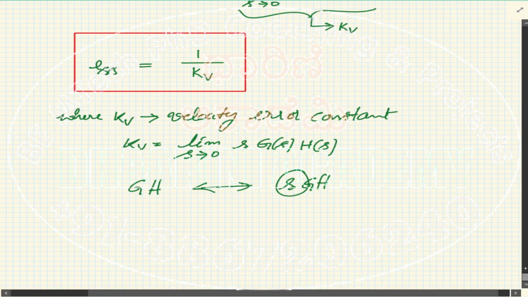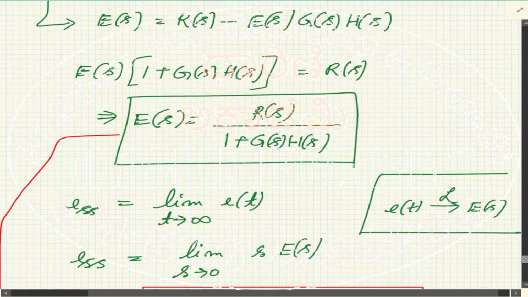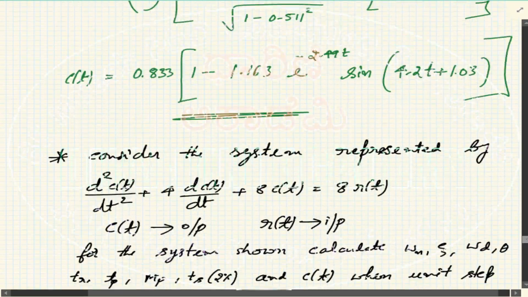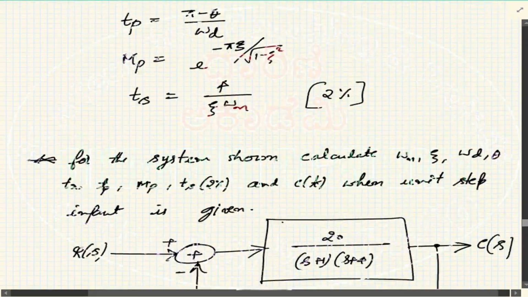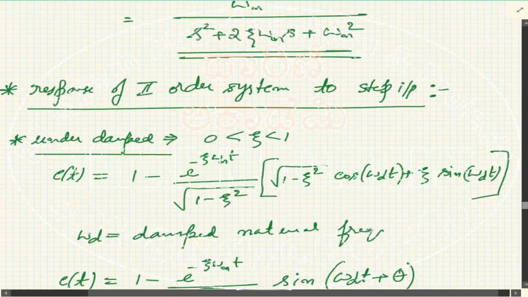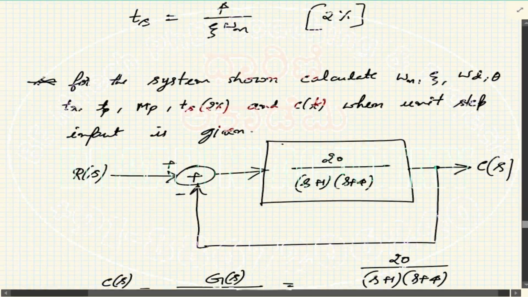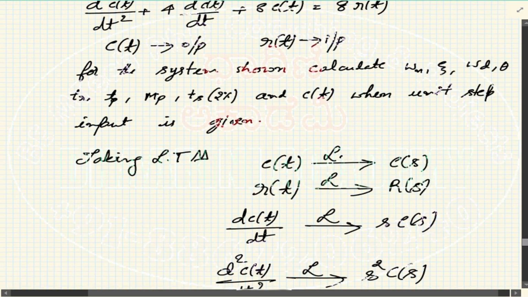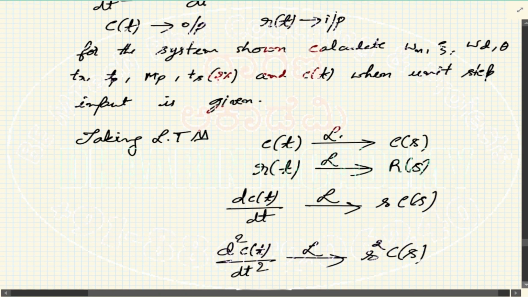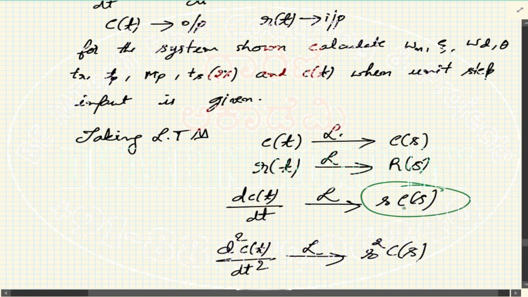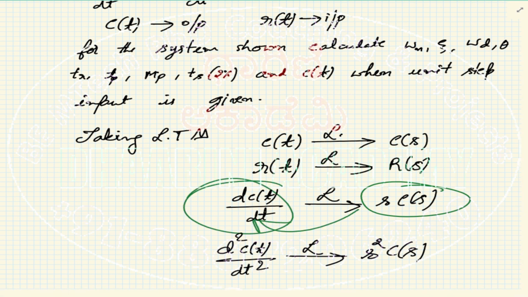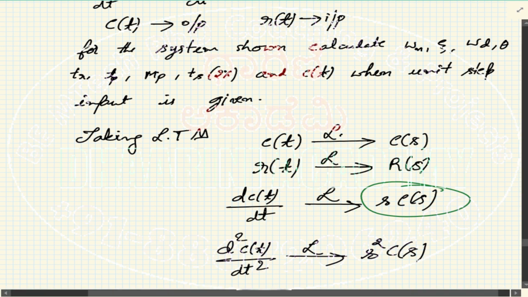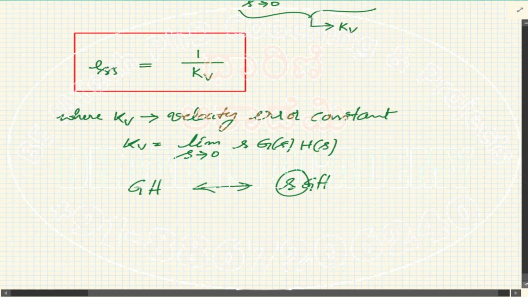I think maybe in the previous class we discussed that. When you multiply by s to some function, what happens in the time domain? Differentiation, correct.